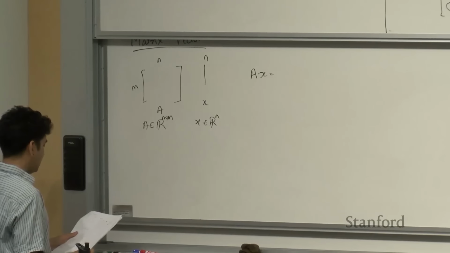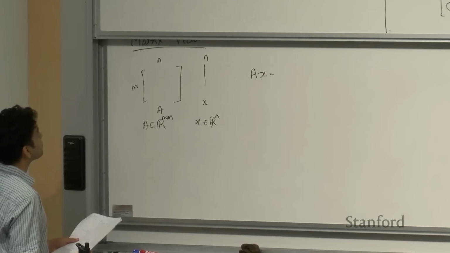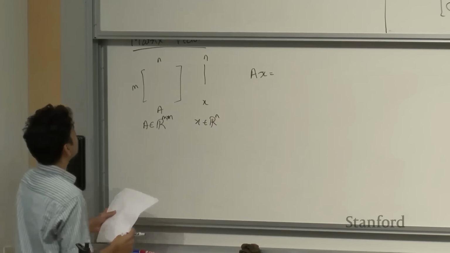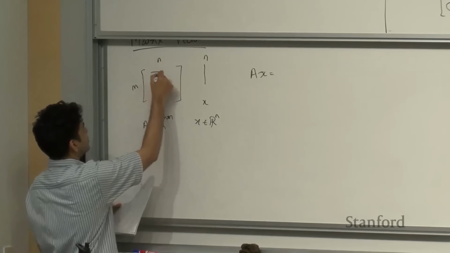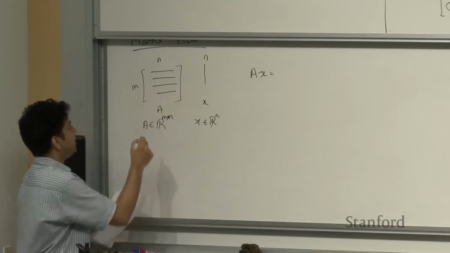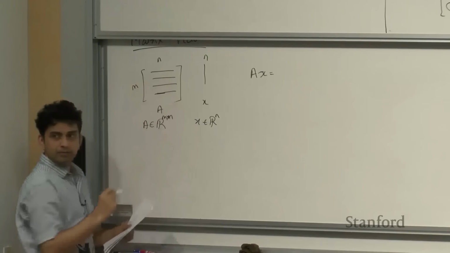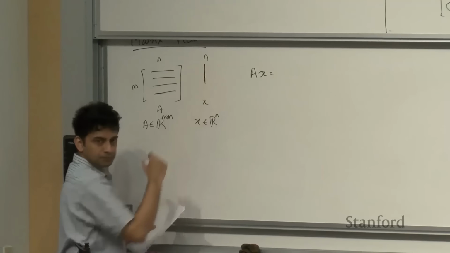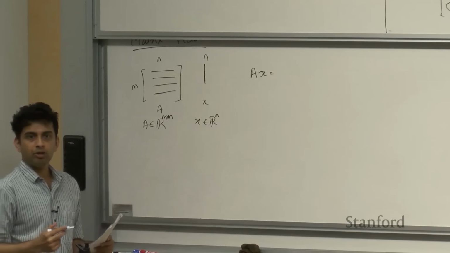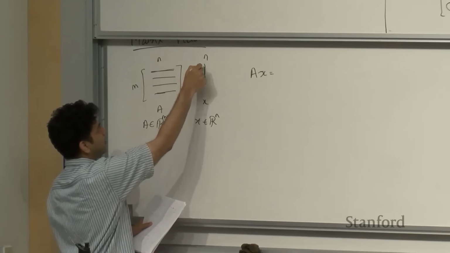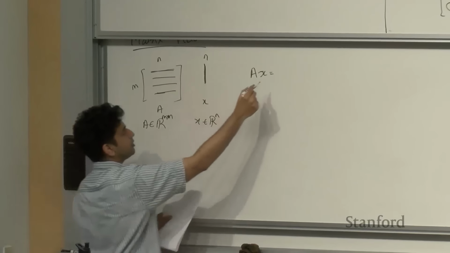So first you can think of the matrix as a set of rows. Each row has n elements, right? And the vector you're multiplying it with is a column vector, and all you're doing is the inner product. Take the first row, get the inner product with the vector, and you get a scalar.